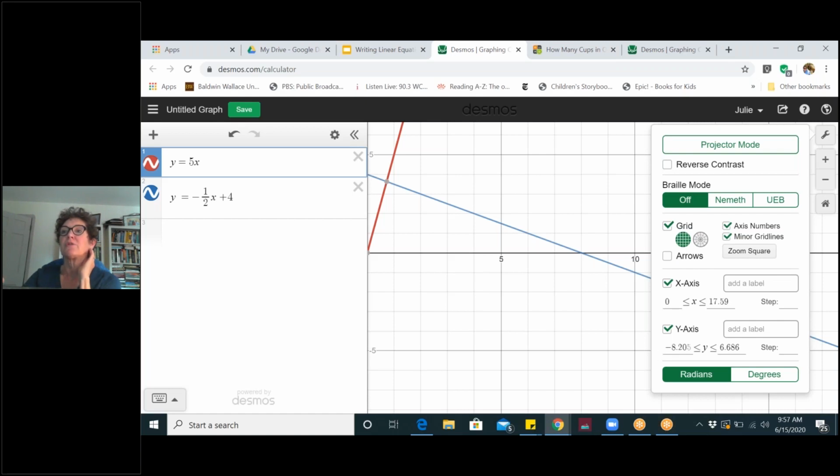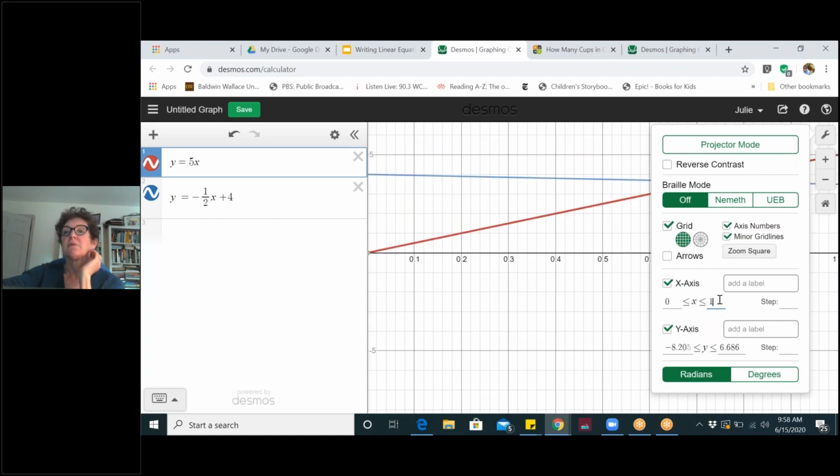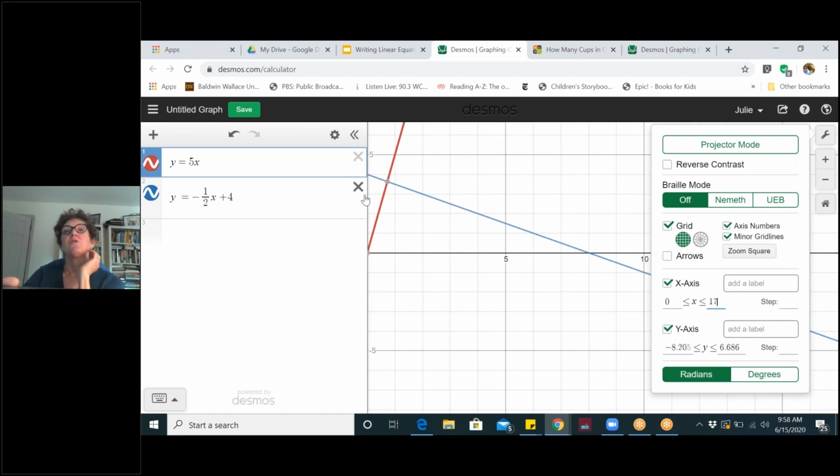This is where I told it to do that. X has to be greater than or equal to 0, and it ran off the graph at 17.59. I could change this as well. I can make this say 10. But actually, I kind of liked it better the other way. Okay. So here we are at 4.